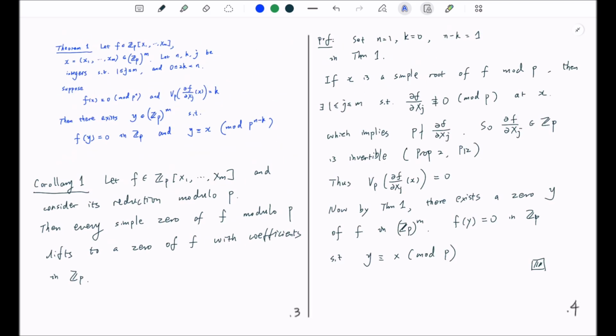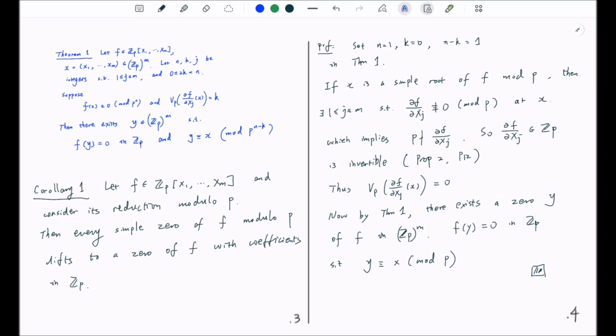Now to use our theorem 1, it suffices to establish that for some j, the p-adic valuation of df by dxj at x is equal to k, for some x that is a root of f modulo p to the power n.